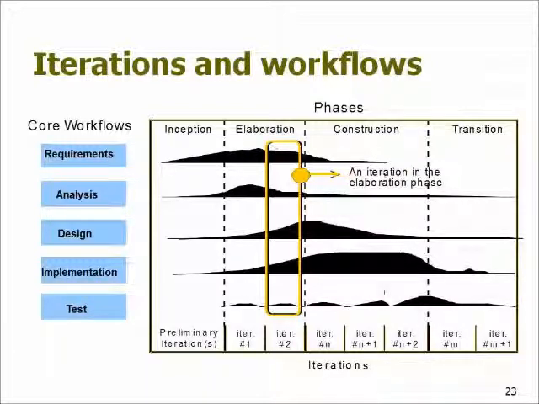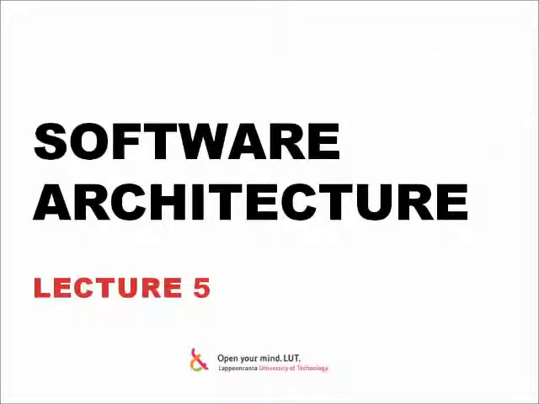So basically, mostly similar ideas like with Scrum, although with the rational unified process there's more rigid control of how things happen, and Scrum only defines how the design, or more strictly how the implementation work is done. The rational unified process takes also things like the requirements gathering and analysis into account. Okay, so this was the second part of this lecture.